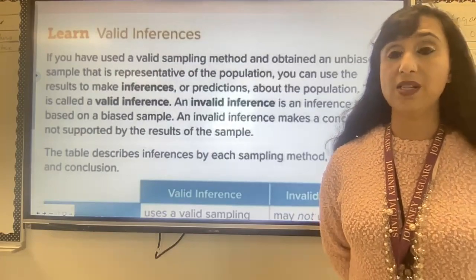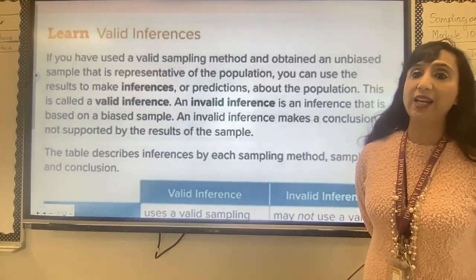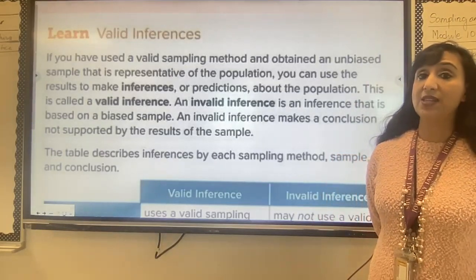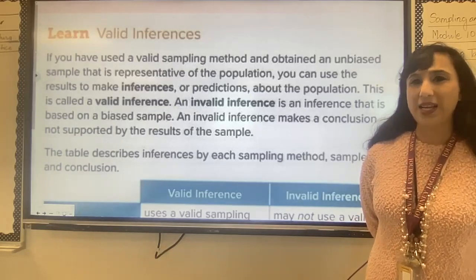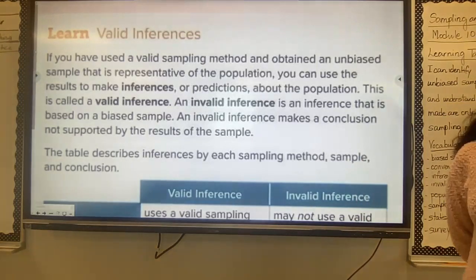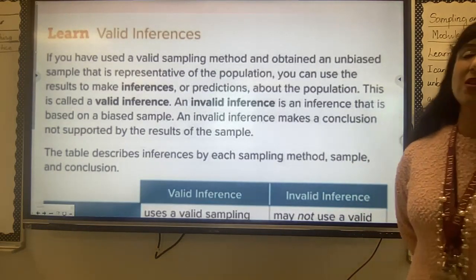So, what is an inference? It's a prediction about the population. And this is called a valid inference. An invalid inference is an inference that is based on a biased sample. So, an invalid inference makes a conclusion not supported by the results of the sample because it is biased.